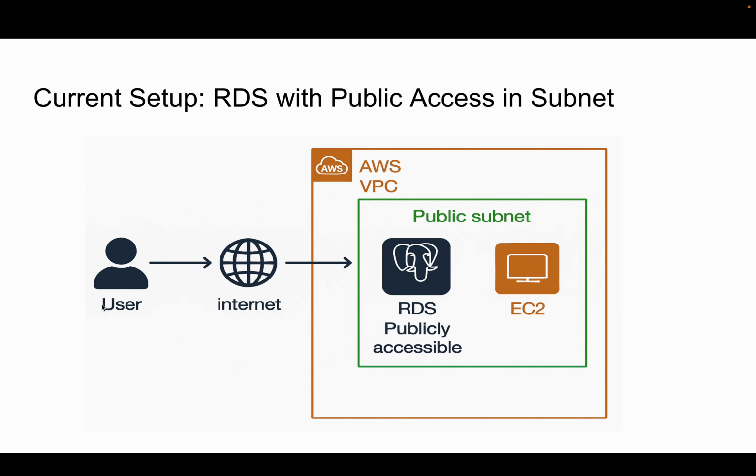As we have seen, users can access the RDS instance, which is hosted here, over the internet. Also you can see in the diagram I've created an EC2 instance, which is deployed into the same subnet and VPC. I'll talk about this EC2 instance later in this video.